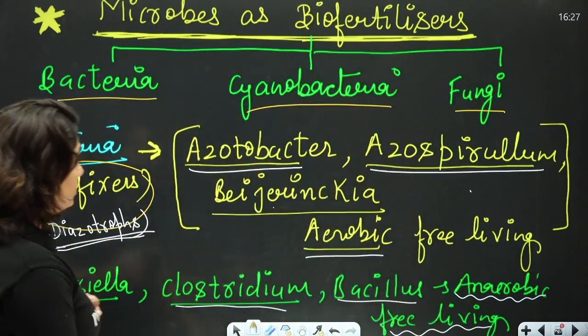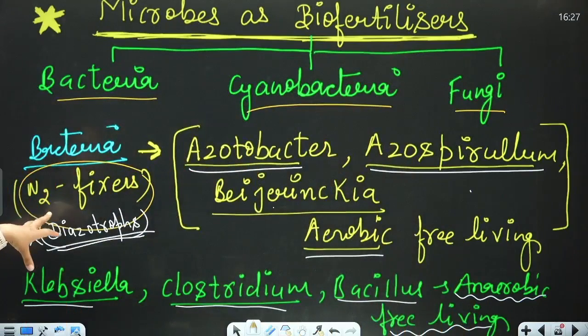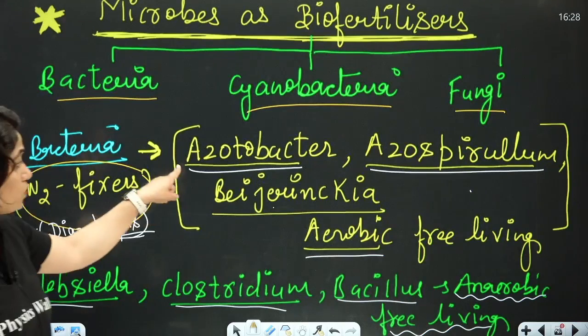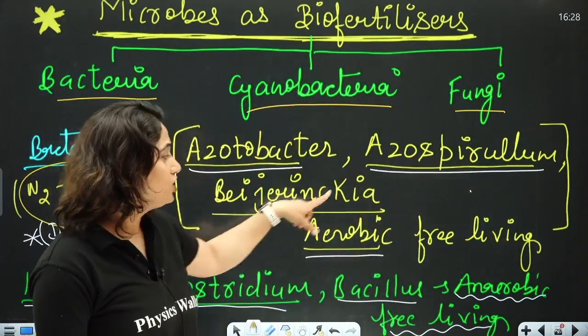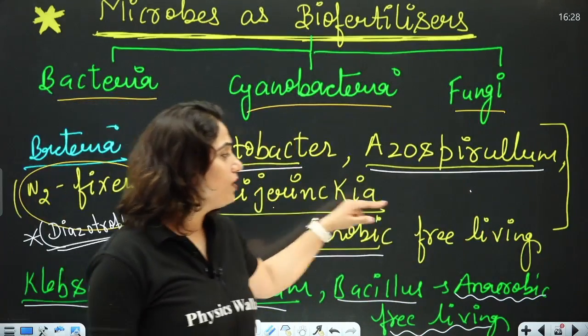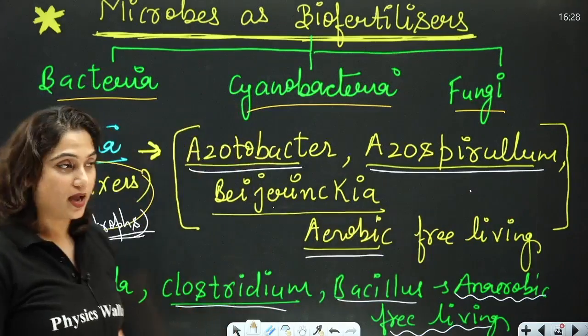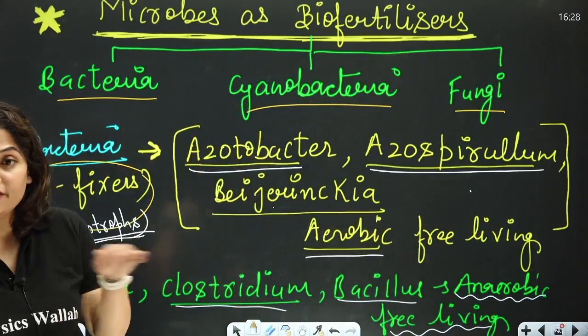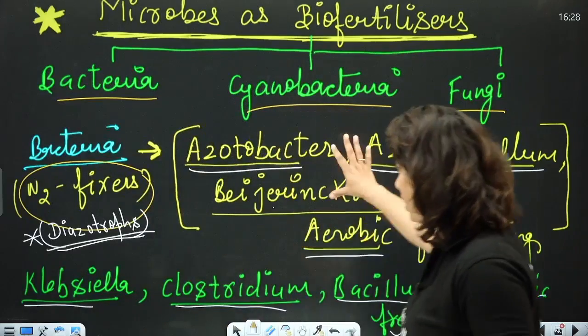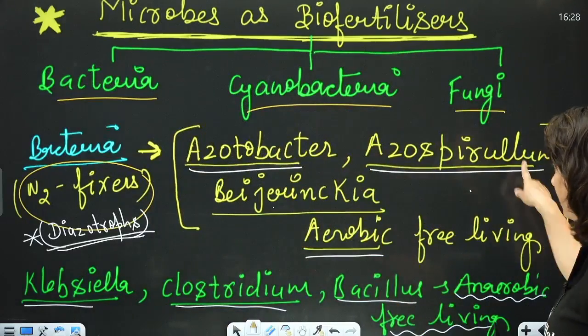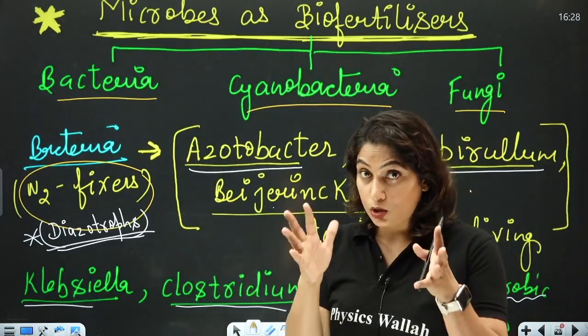And this is very important: the examples of nitrogen fixing bacteria are Azotobacter, Azospirillum, Rhizobium. These are aerobic free living nitrogen fixing bacteria, right? Free living bacteria. These bacteria which I have just named, Azotobacter, Azospirillum, Rhizobium, this is an important question.